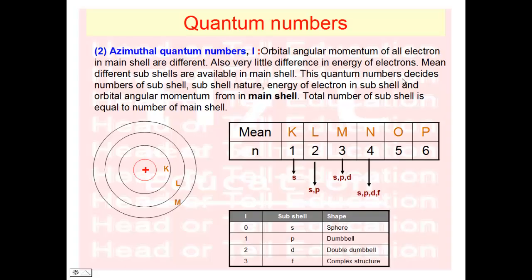This quantum number decides the number of subshells, the nature of the subshell, and the energy of electrons in the subshell.